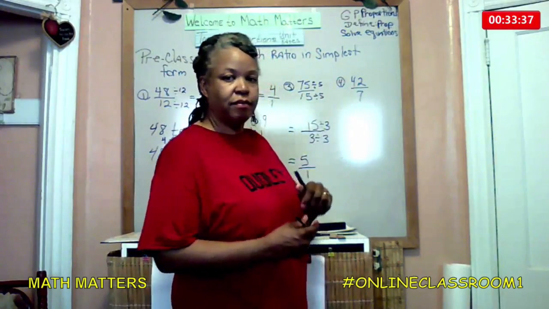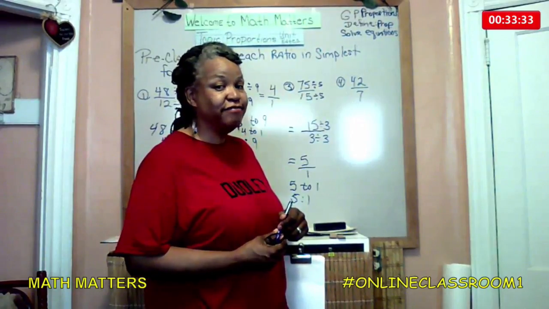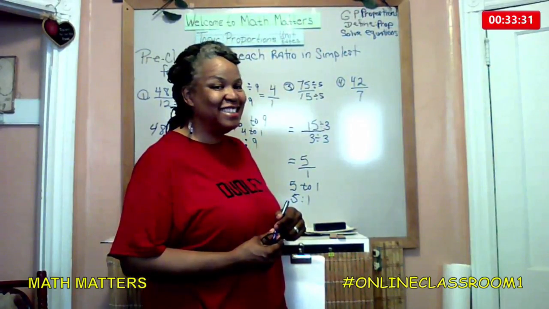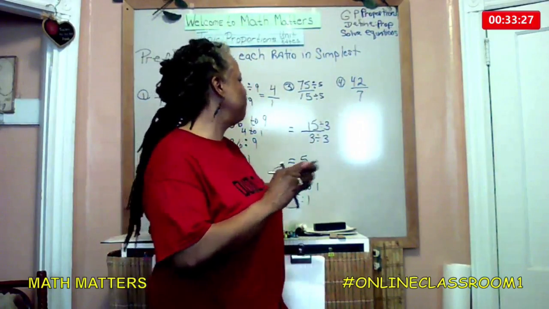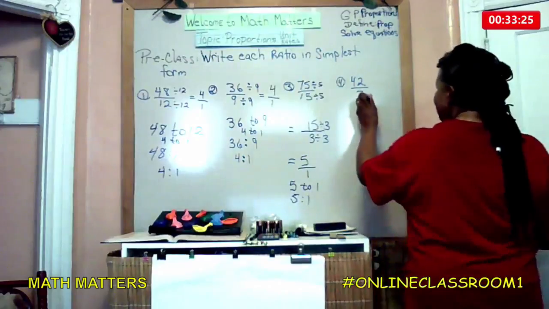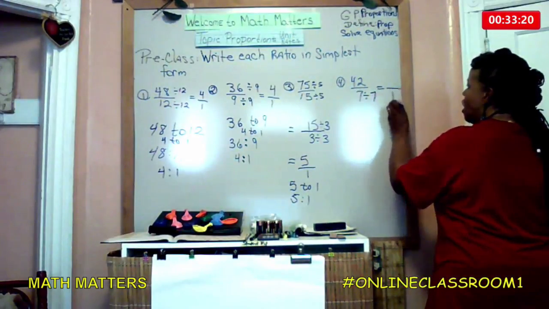42 to 7. I see a common factor. Do you see it? What is 7 divided by 7? That's going to equal 1.